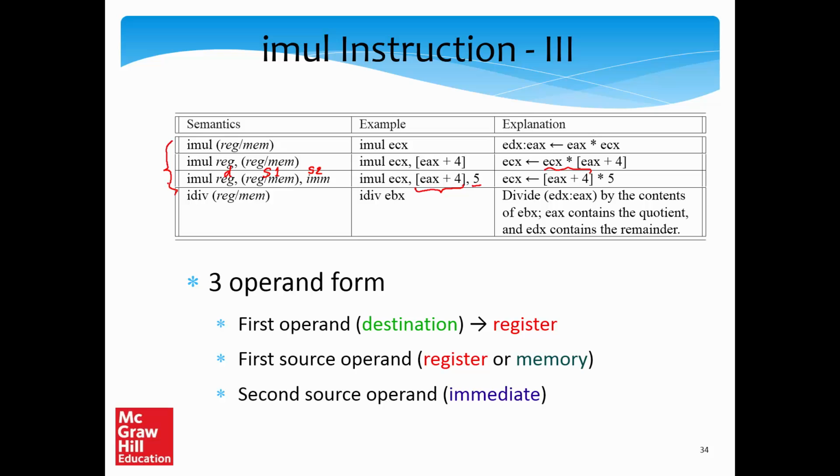In the second case, we want to implement an IMUL instruction the same way as we have been implementing other instructions like add and subtract. In the third case, designers realized that it is very common to multiply the contents of a register or memory with an immediate and save it in another register. So we should have an instruction for it. That's the reason they have an instruction for it.